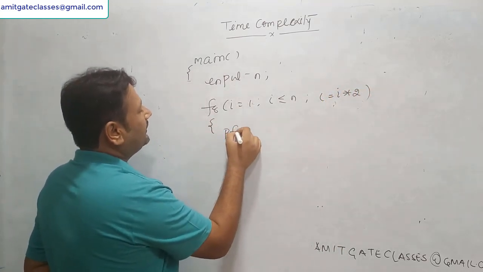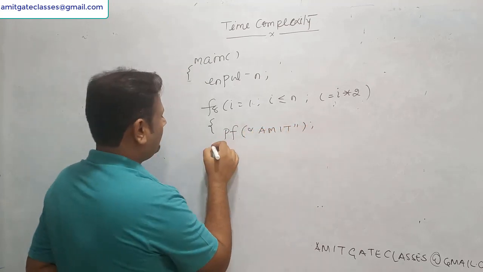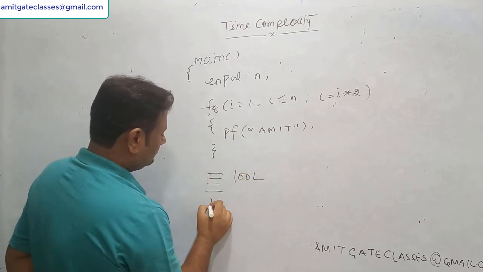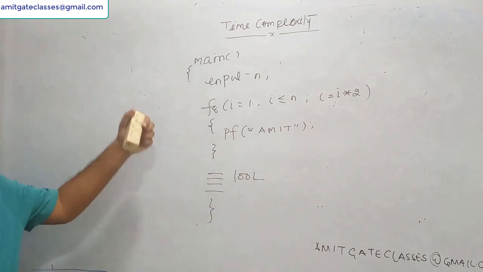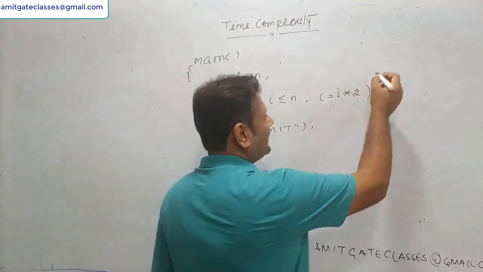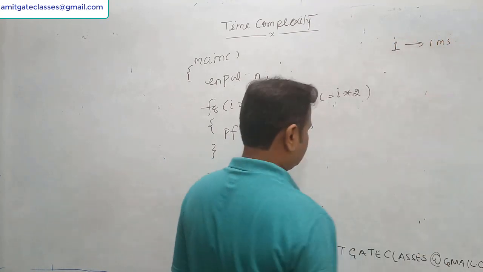And then I have written printf. After that 100 lines are there. Now how to calculate the complexity of this program? The situation is the same, one instruction is going to take 1 millisecond.